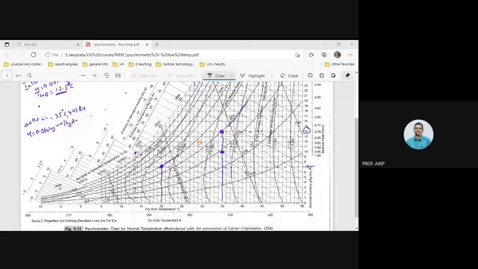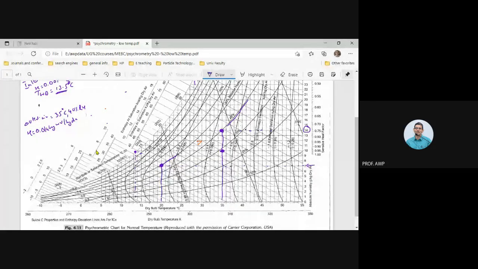If you just spray water at the wet bulb temperature of the incoming air, you will reach only up to this much humidity, only a humidity of 0.01. So you will not reach the humidity of 0.014. So you'll need to heat it first. Okay, sir.